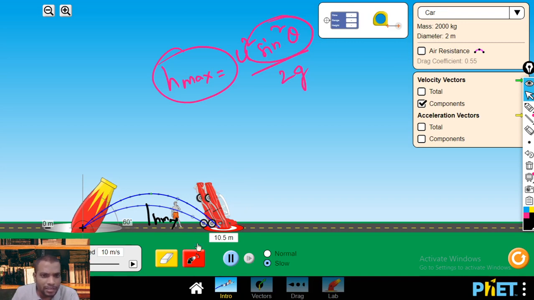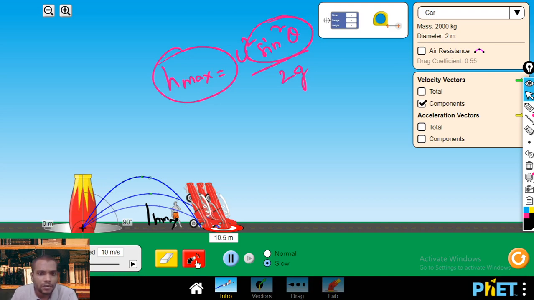Now if I increase the angle further, the vertical height also increases. Here don't concentrate on the horizontal range, I am talking about the vertical range. So when can it be maximum? If we launch a projectile, it reaches maximum height if the angle goes to 90 degree.